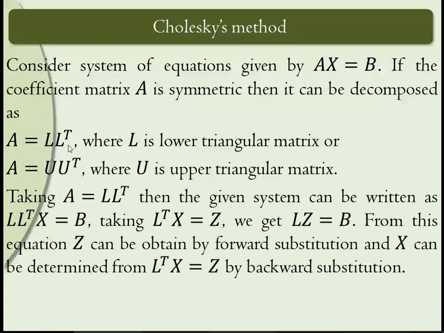So what to do? As we know that A into X is B, so replace A by L into L transpose. So what do we get? L into L transpose into X becomes B. Then take L transpose into X as Z. Here we take it as L transpose into X equal to Z. Then solve this equation, get the value of Z. If we replace L transpose into X by Z, it becomes L into Z equal to B. Okay.